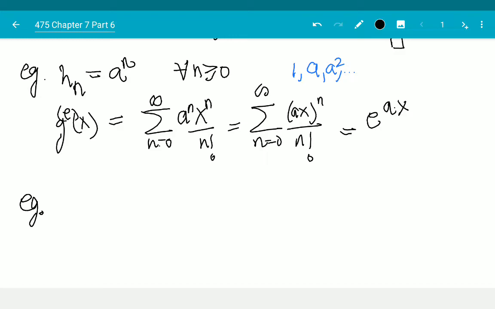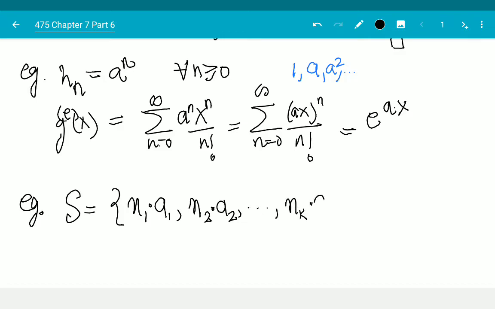Consider the multiset S equal to n_1 times a_1, n_2 times a_2, and so on, n_k times a_k. So there are k different types of elements, and n_i is the number of repetitions of each.